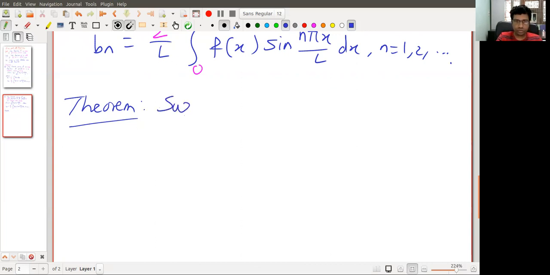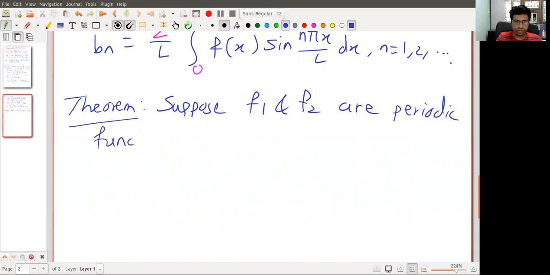Suppose f1 and f2 are periodic functions. The period of f1 and f2 need not be same. So simply we need periodic functions.